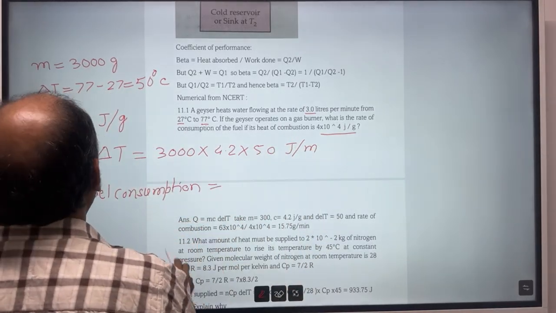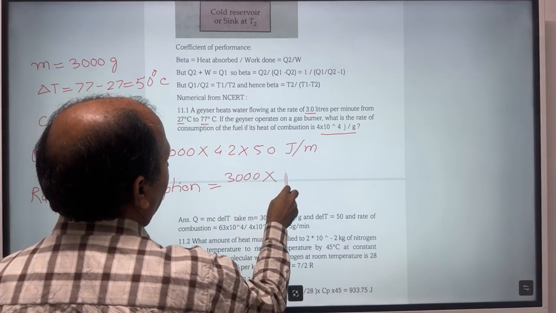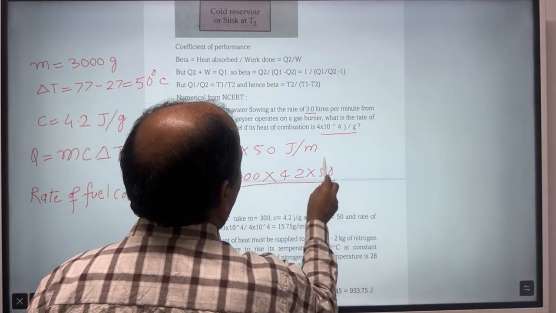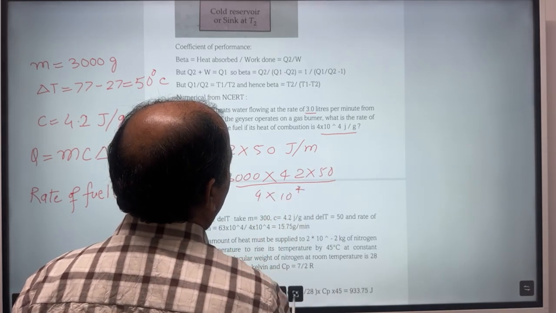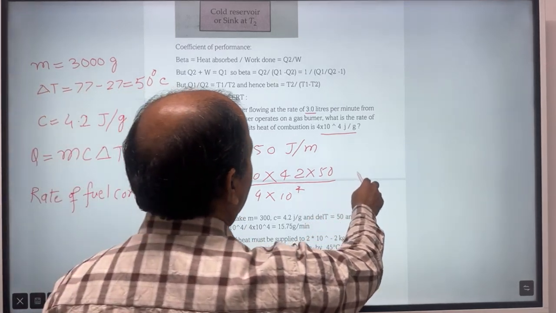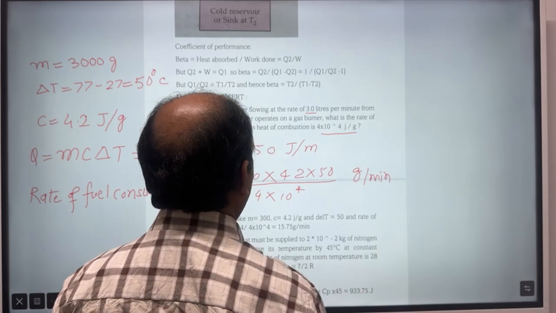So heat required is 3000 multiplied by 4.2 multiplied by 50 divided by this value 4 into 10 to the power 4, and hence we will get it in gram per minute, right?